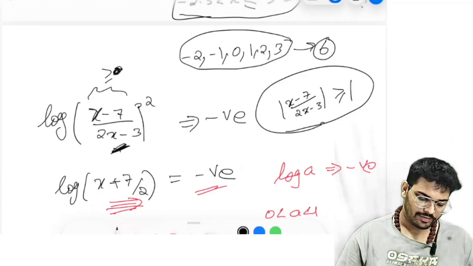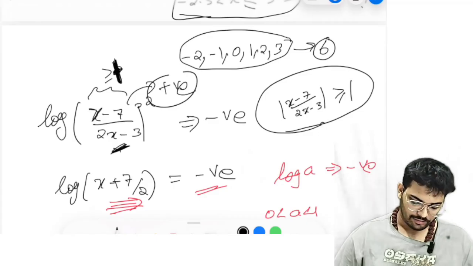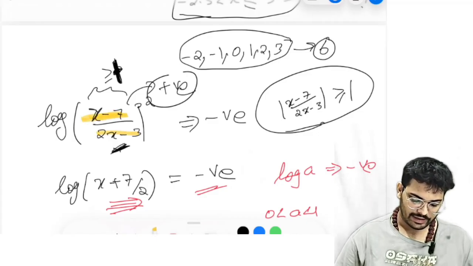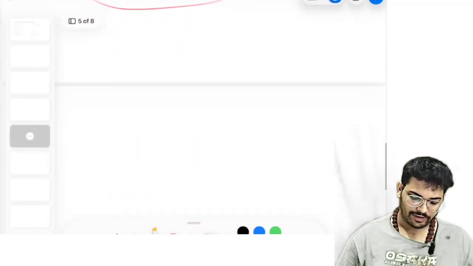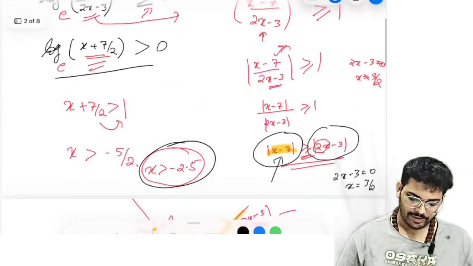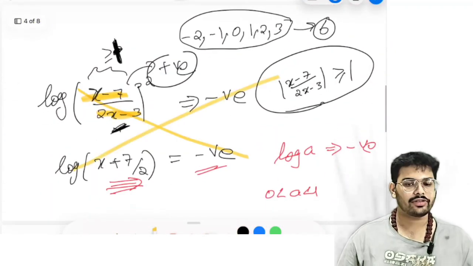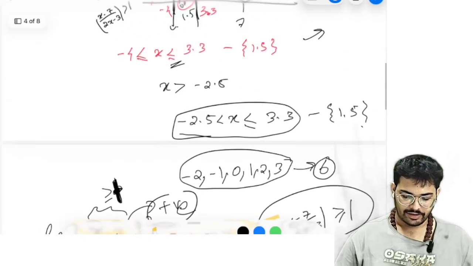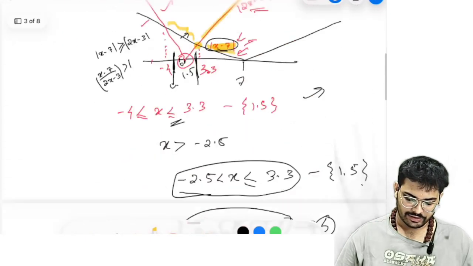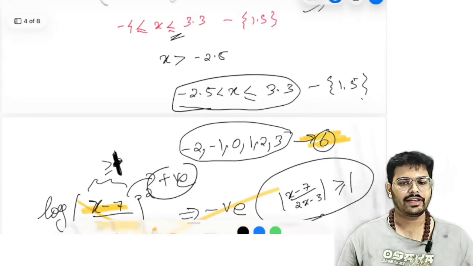If it is a bigger value, this logarithm value will be positive in that region, because the numerator is always greater than the denominator in this region, that is from minus 3.5 to minus 2.5. Therefore, this condition will be completely eliminated. We can't take this condition, both will not be negative simultaneously. Therefore, our final answer will be how many solutions? Our number of integral solutions will be 6. 6 will be the final answer.